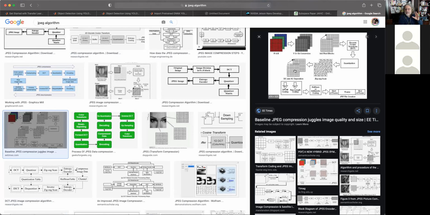You remember that? Because DC corresponds to the first coefficient, and they are differentially coded. As you see, the DC is differential pulse code modulated coding, and AC has other compressions like run length encoding, Huffman or arithmetic coding, etc.